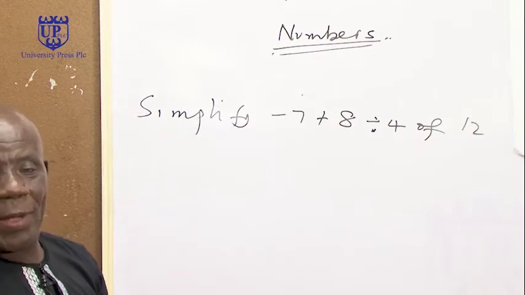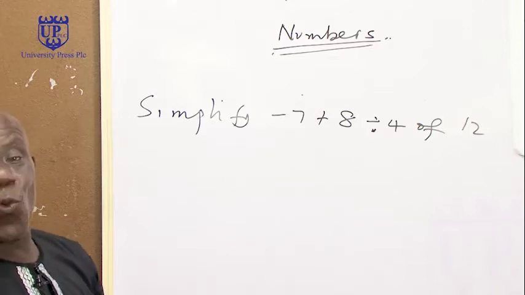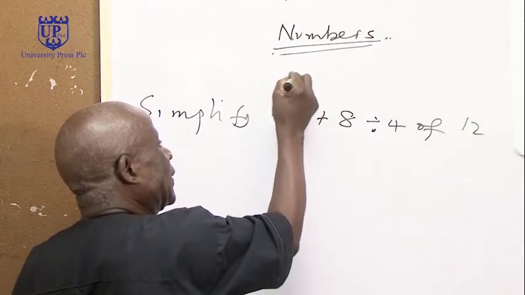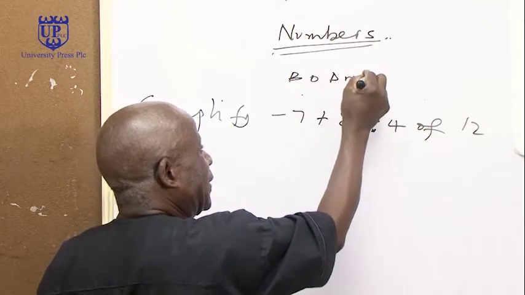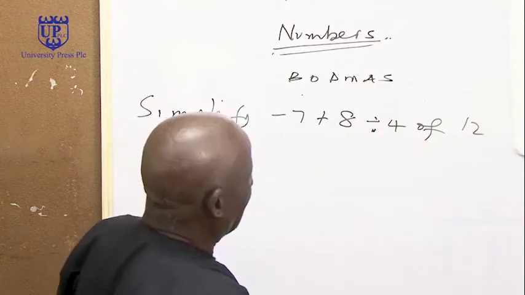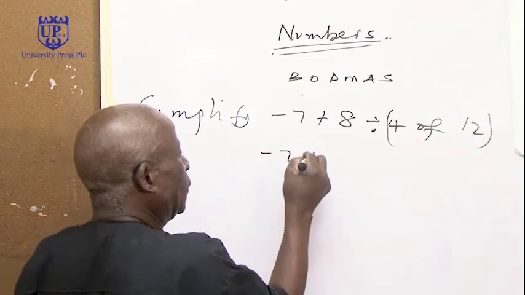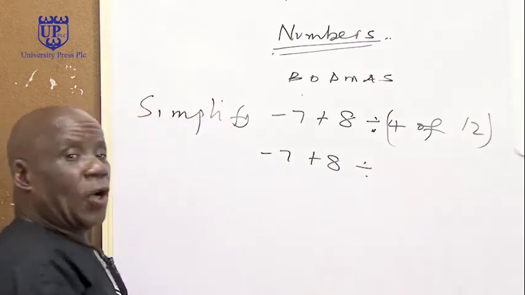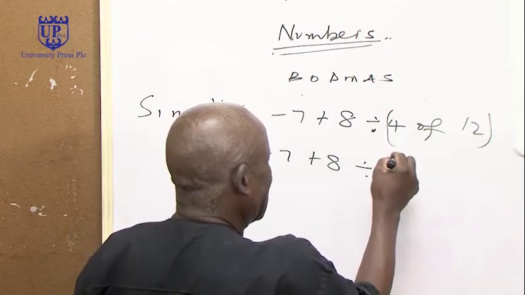Do not apply BODMAS here. If you want to apply BODMAS, apply it wisely. BODMAS says brackets, of, division, multiplication, addition and subtraction. Of first. So 8 divided by 4 of 12: 4 of 12 means 4 times 12, and 4 times 12 is 48.